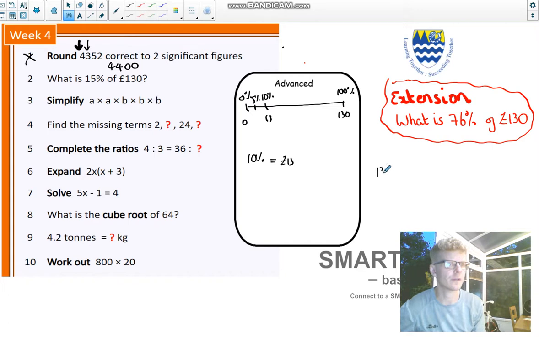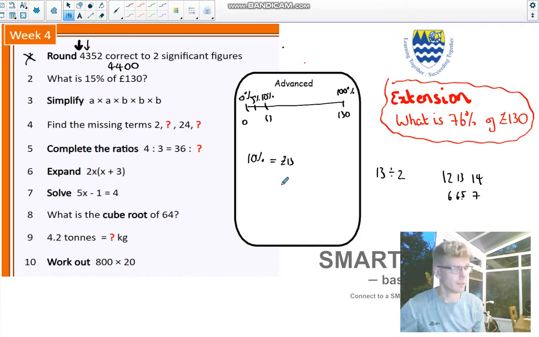So I want to do 13 divided by 2. So if we had 12 divided by 2, that would be 6. If we had 14 divided by 2, that would be 7 for whole numbers. So 13 divided by 2 has to be halfway in between these two. So that's 6.5. Or in money, and this is the key bit here, we need money. That's going to be £6.50.